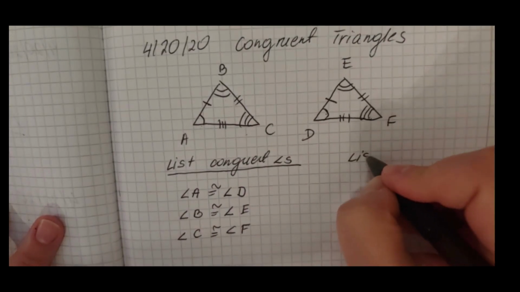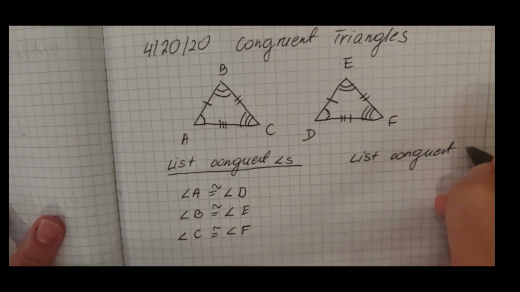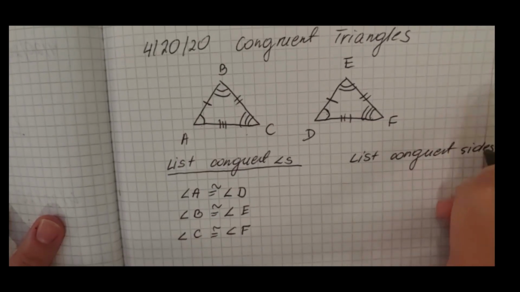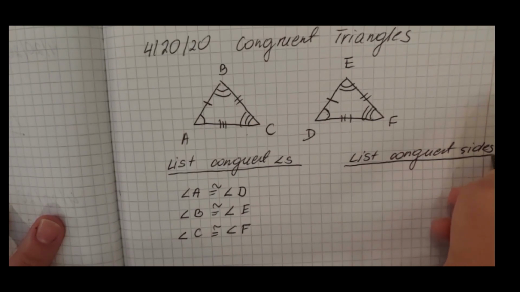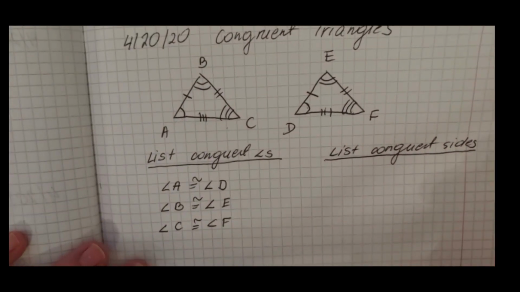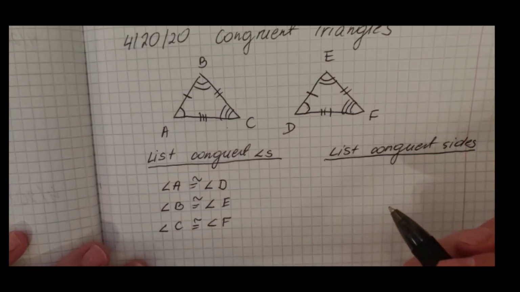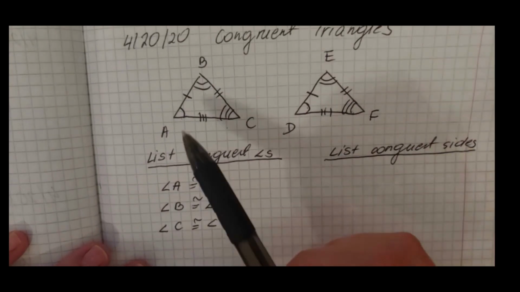Okay, list congruent sides. When we list an angle, it has one letter, like angle A. When we're listing a side, it has to have two letters.